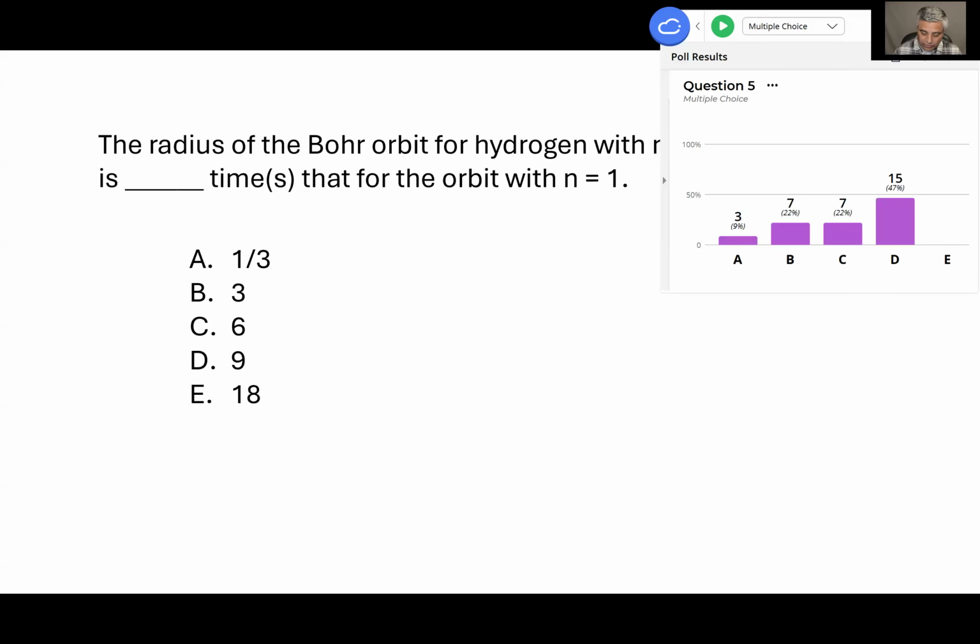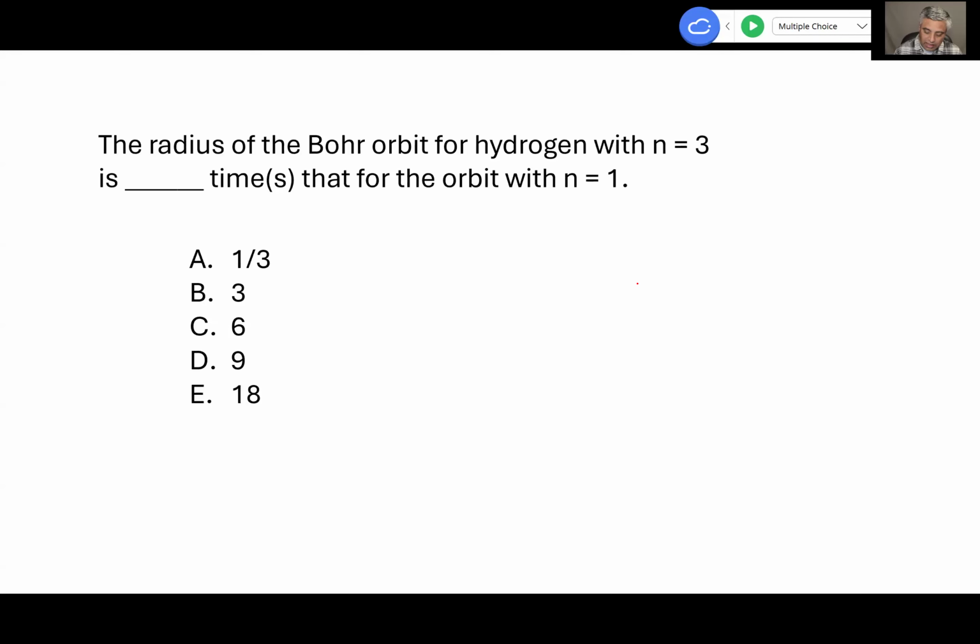So we got most of them except E, and there are more for D, and that is correct. I think our equation is this. So for the third one, since there is n square dependence, what happens? If you go to 3, it is 9 times. Just like energy was 1/9, radius is 9 times more.